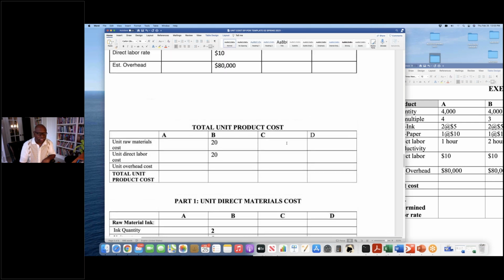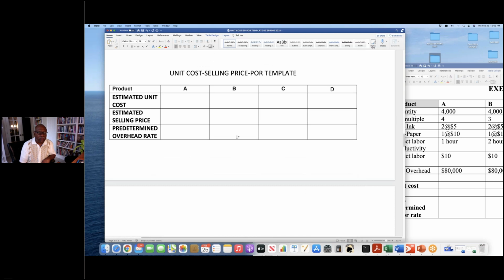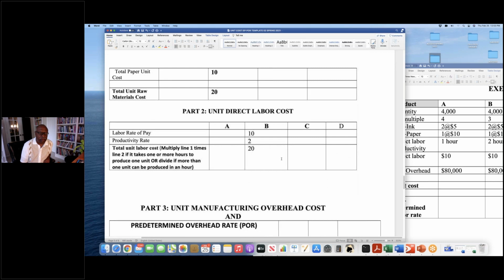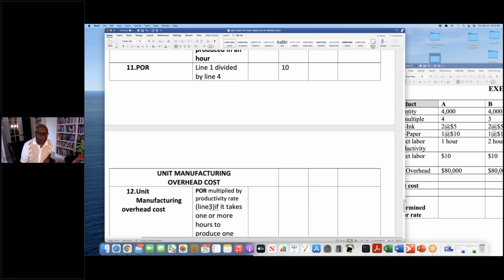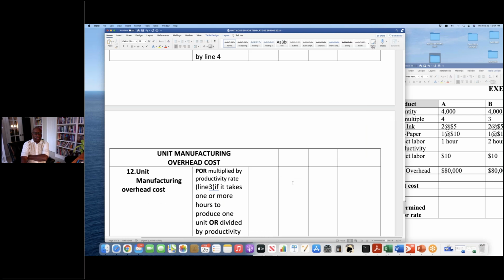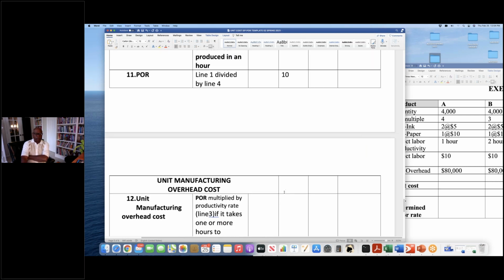So we're going to take that 10, since that's one of the answers. We're going to put it right here. Okay, let's go back down again. Now we need the unit manufacturing overhead cost. That's going to go in our total cost chart. How much is that going to be? 20.